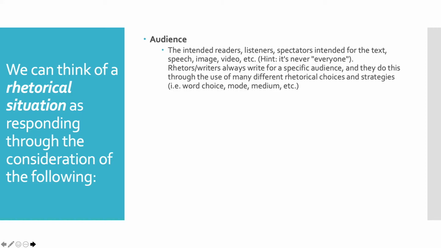While we have a wide range of people who can have access to a text, we never say that everyone is the specific audience. Rhetors, writers always write for a specific audience, and they do so through the use of many different rhetorical choices and strategies. Things such as word choice, the mode of communication they might use, be it linguistic or visual, or arrangement of it, the medium, what they're using in order to communicate.